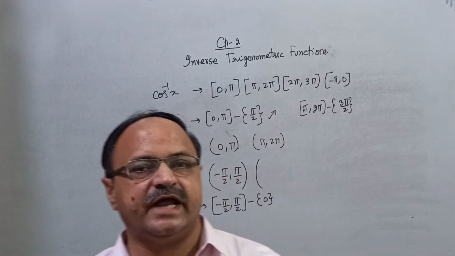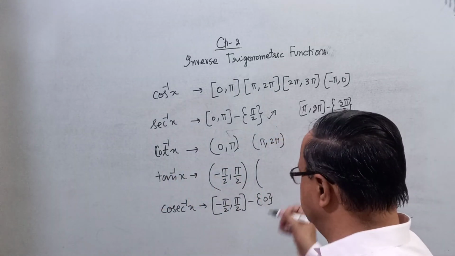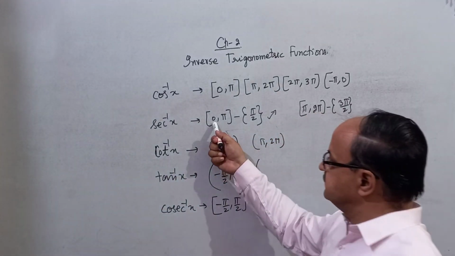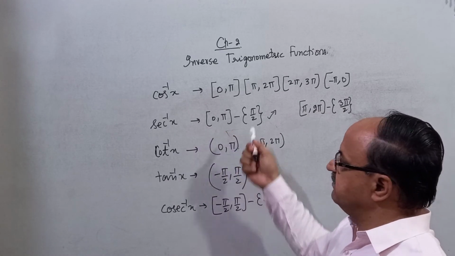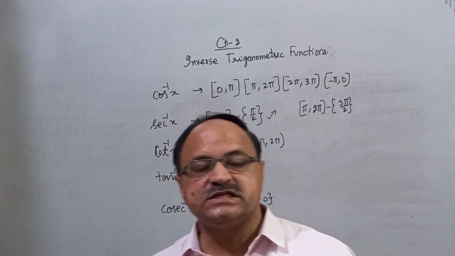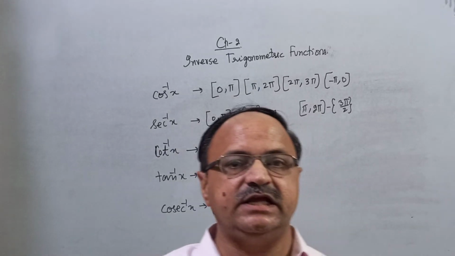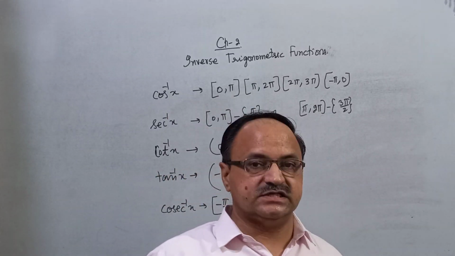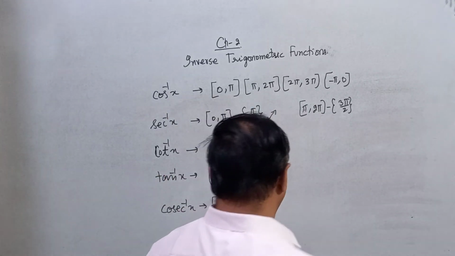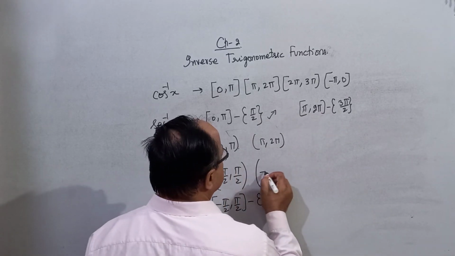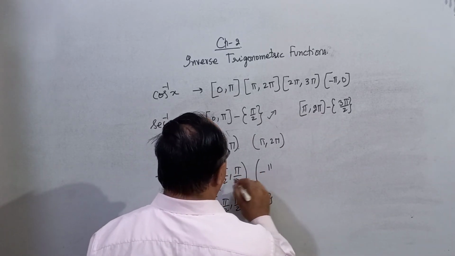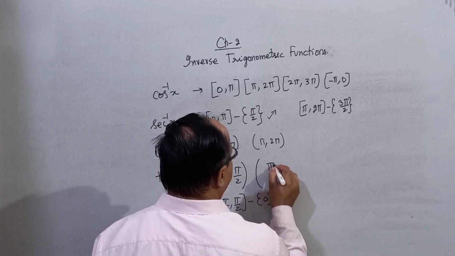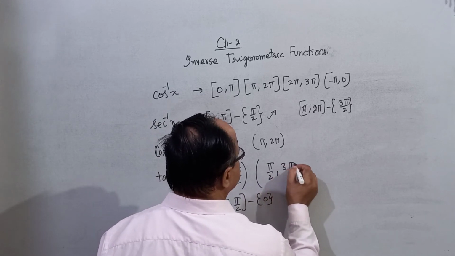Why? Because you know that tan 90 is not defined. In this interval 0 to pi, except pi by 2. Why except pi by 2? Because you know that sec 90 is not defined. Here also, when you add pi, it becomes pi by 2 to 3 pi by 2.